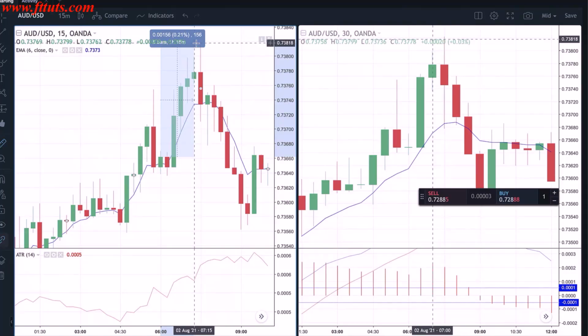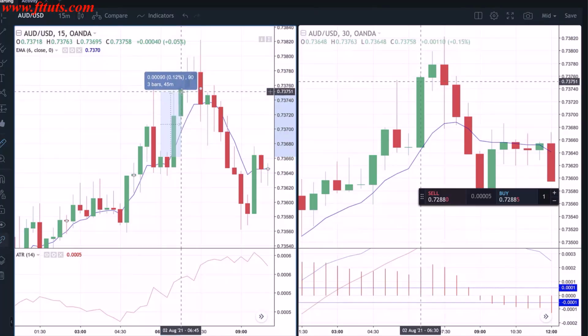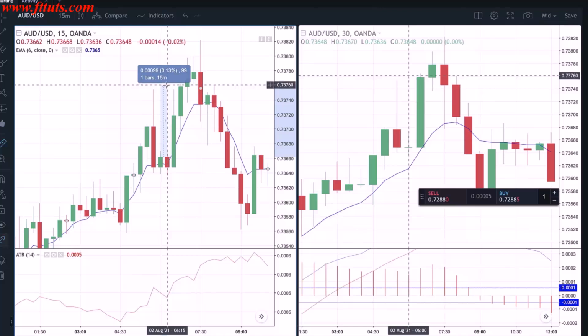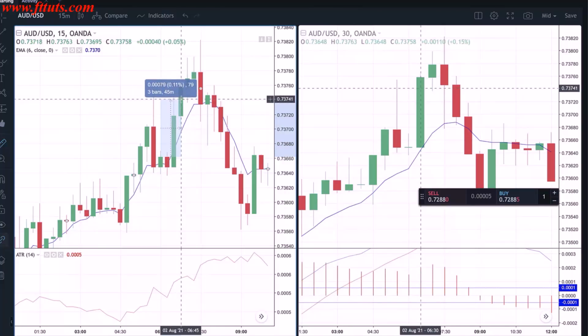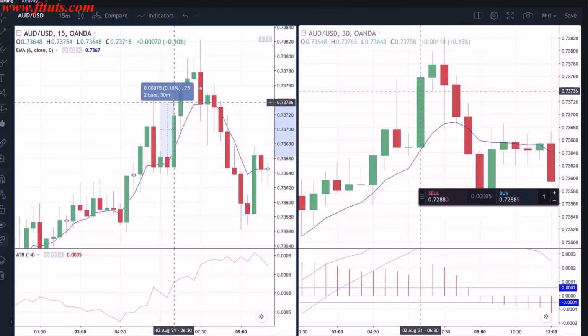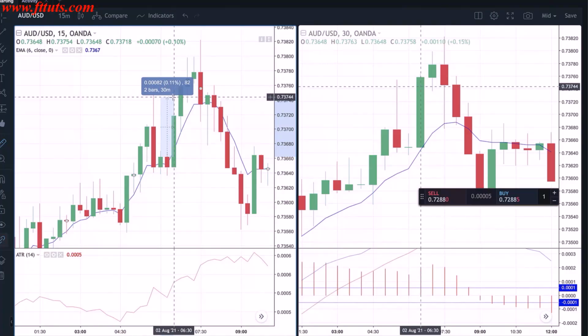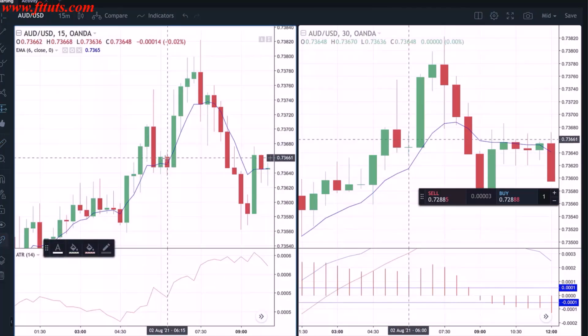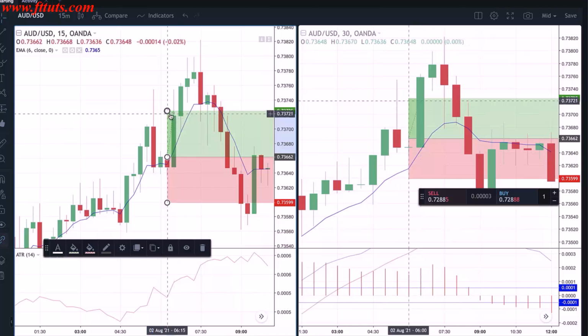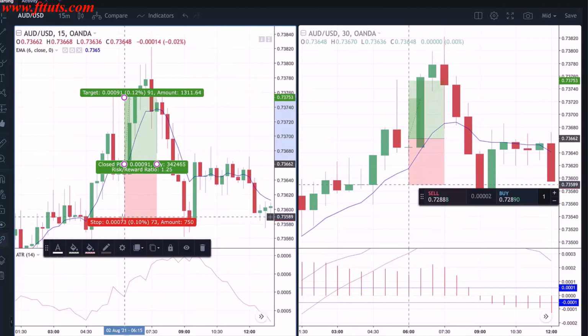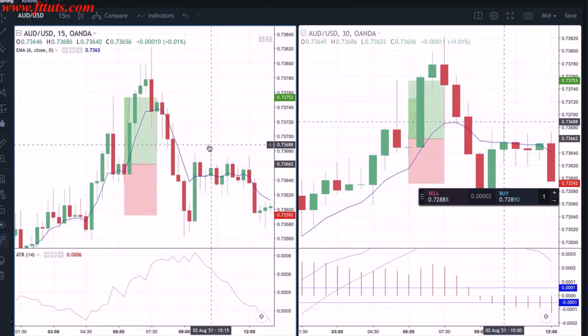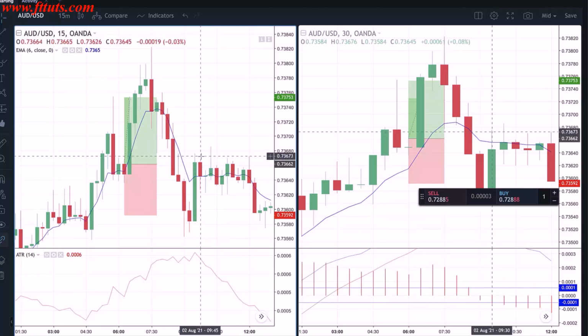So with a 7 stop loss, with a 1.3 times stop loss take profit, we would have put a take profit at 9.1 pips, which would have been taken with this candle here. So there's the trade. That's a winner.